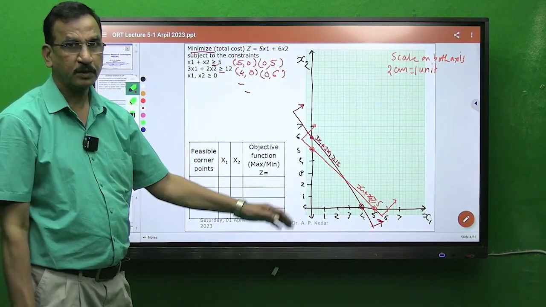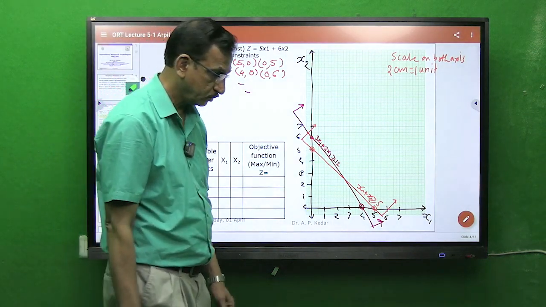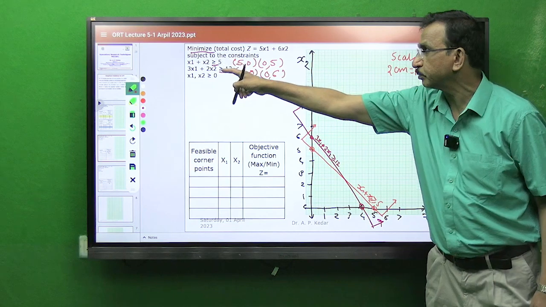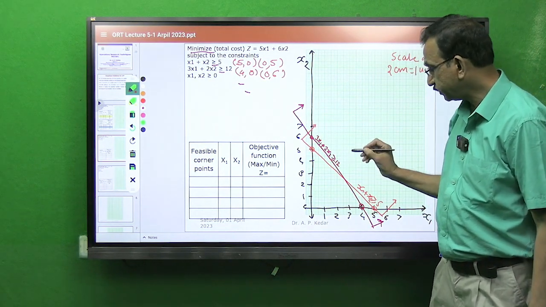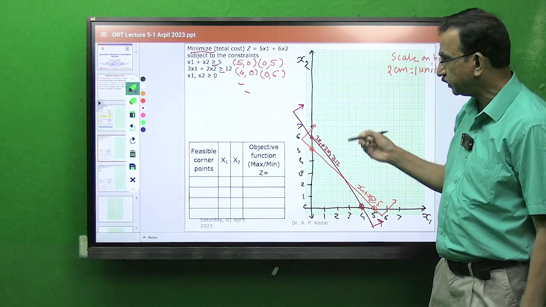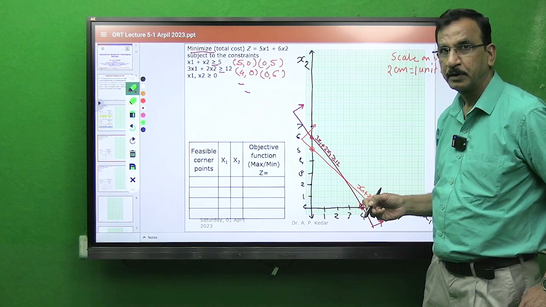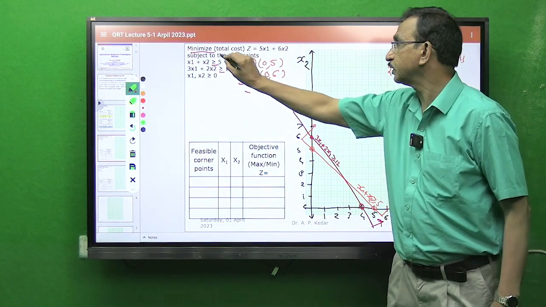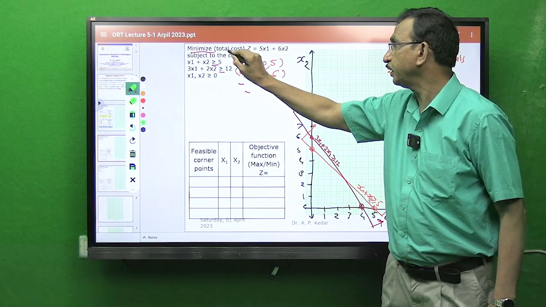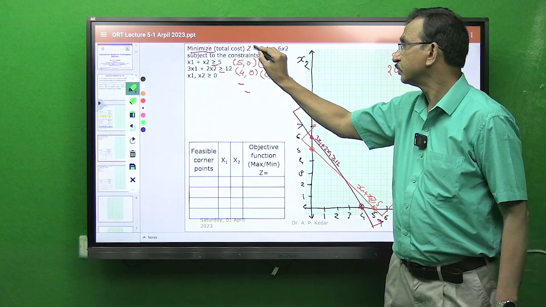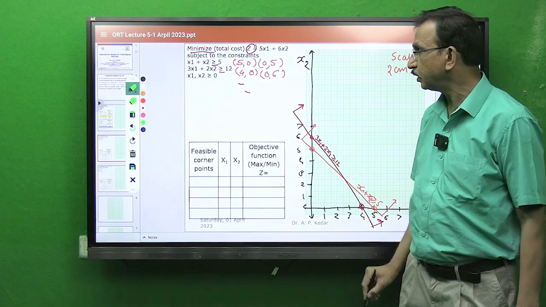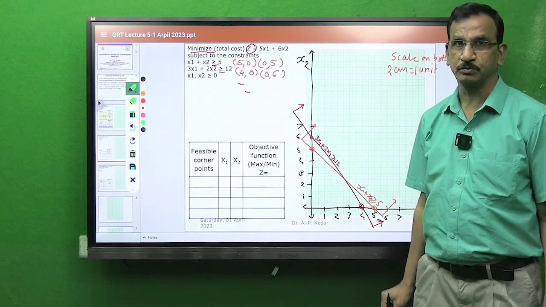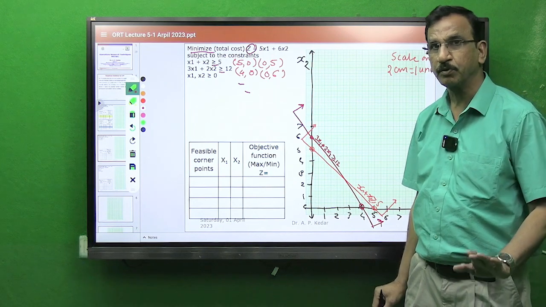So now it is very clear. We have drawn both lines which represent our constraints. Now, as we did in previous case, these are the simultaneous equations. This condition, minimize total cost Z, will be achieved only if these two constraints are simultaneously followed.